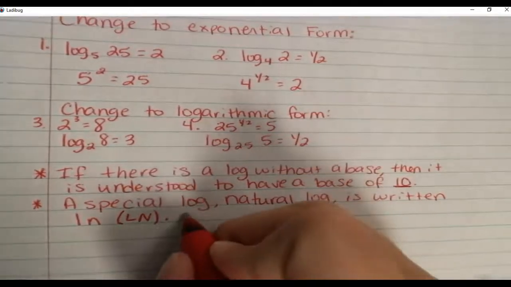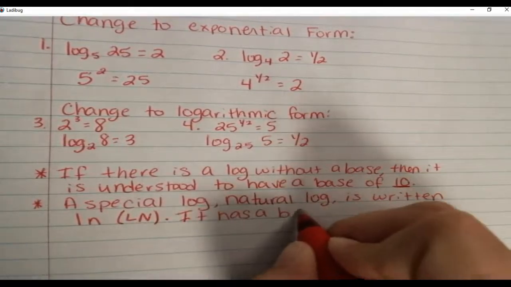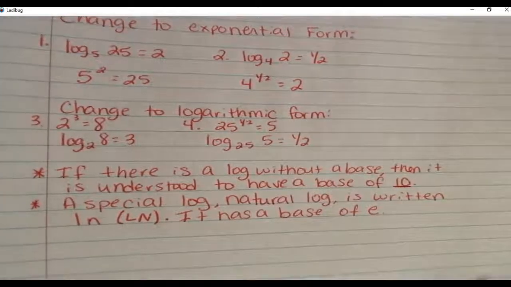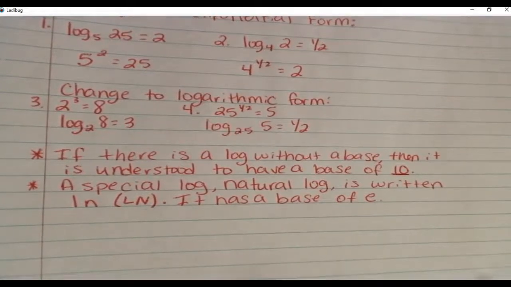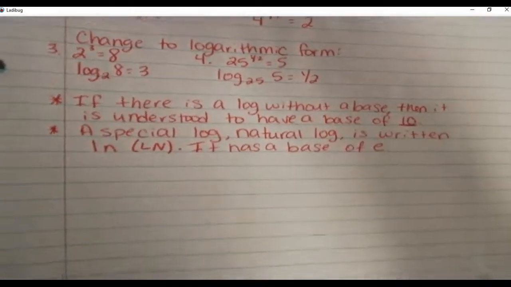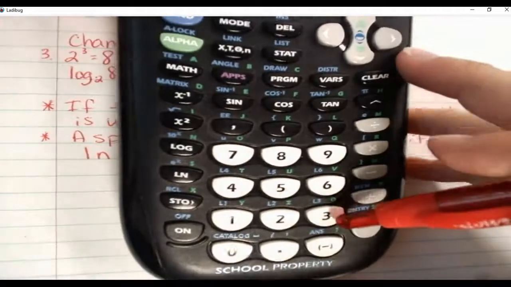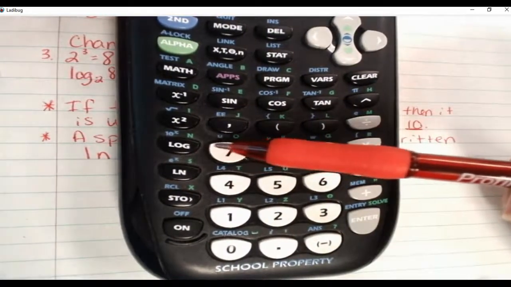And so a log with a base E is a natural log. So it has a base of E. So if you look on your calculator, regular log with base 10 is right beside the 7.